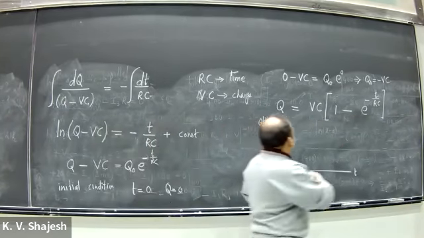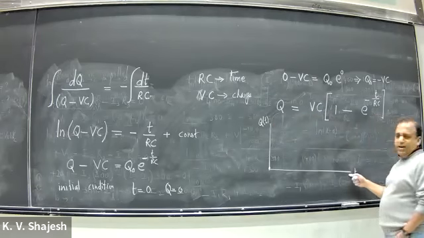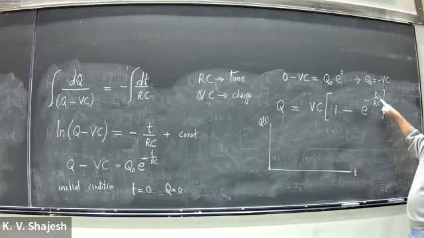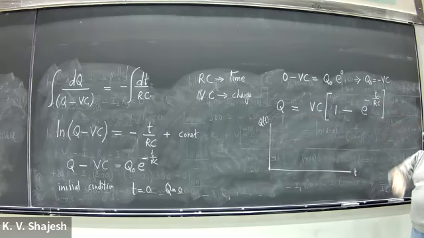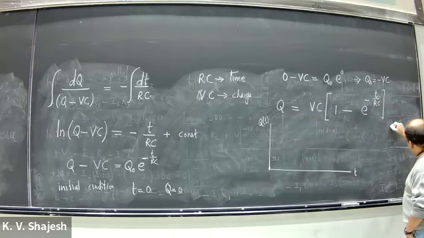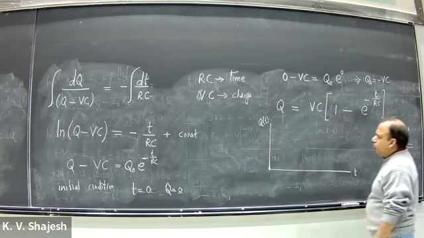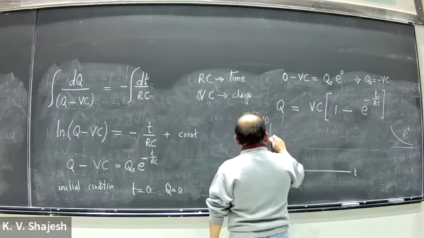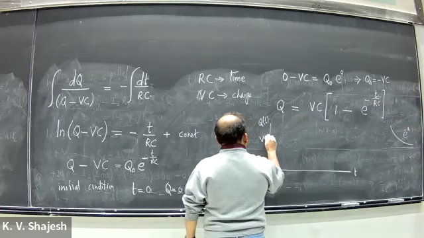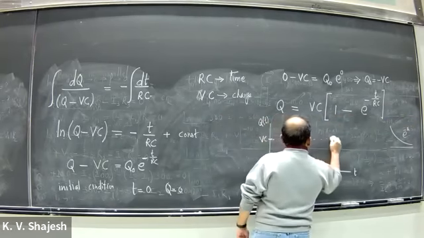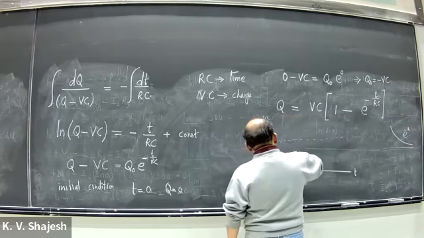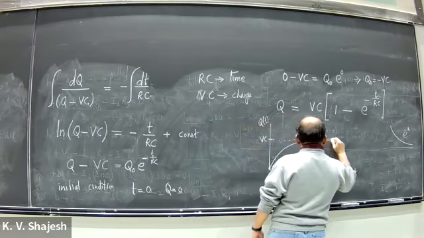As time goes on, let's take an extreme limit where t is equal to infinity. Exponential of minus infinity goes to 0 here, and that's the maximum value. So that's the maximum charge, and this is an exponential function that looks like this.